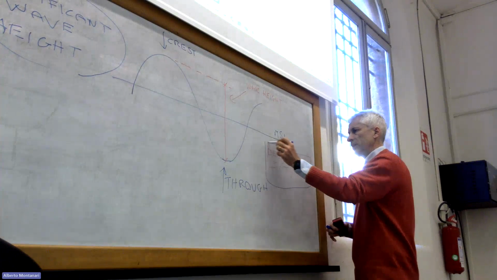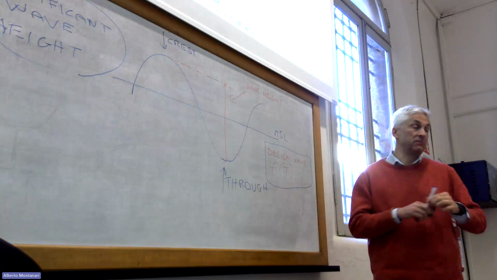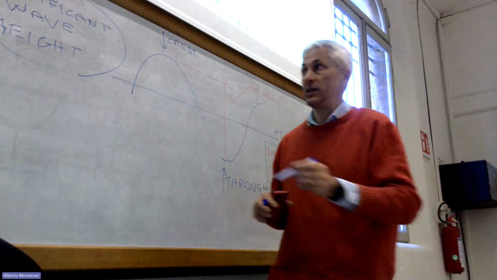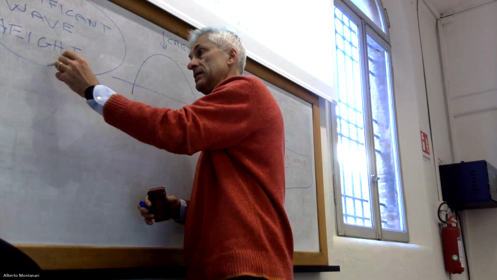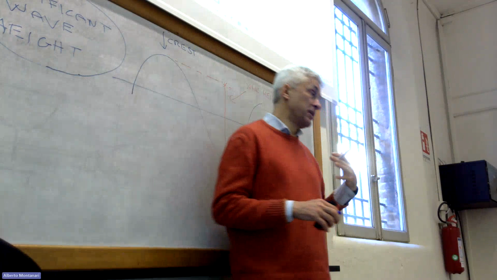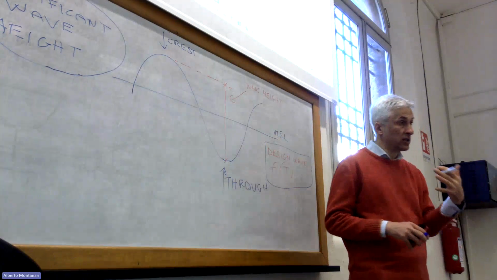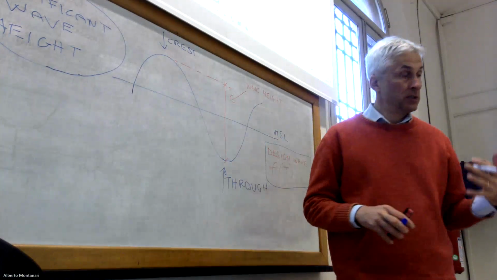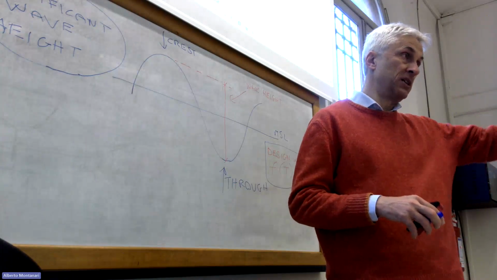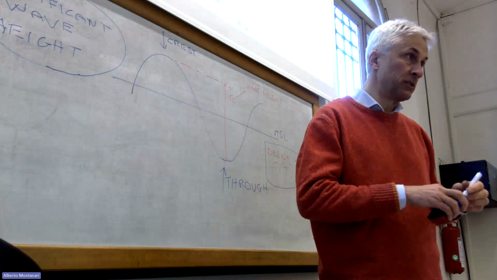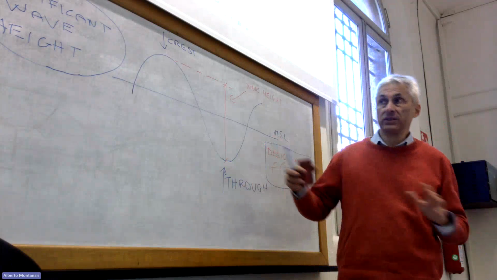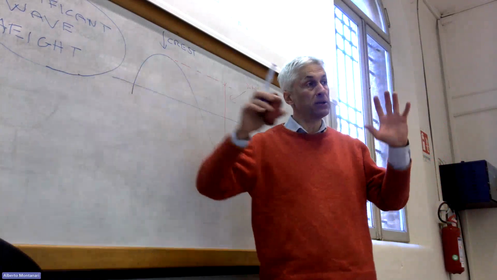Okay? But actually, there is something more that I should say, because in the terminology of ocean engineering, significant wave height has a precise meaning according to some textbooks. So I think I should also give to you this precise meaning, because I think you need to know it. Because the term is used in an ambiguous way.